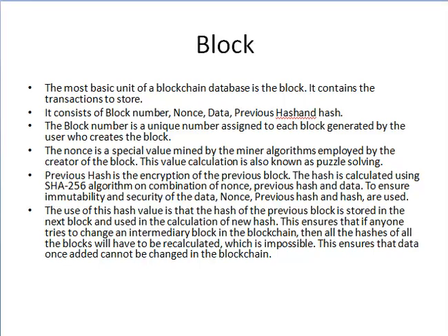Now, the block number is a unique number which will identify a particular block. Then the nonce is a special number which is generated using the mining algorithms, and this is used for generating the hash for the next block. Then data: suppose I want to store the marks of a student or whatever data I want to store.